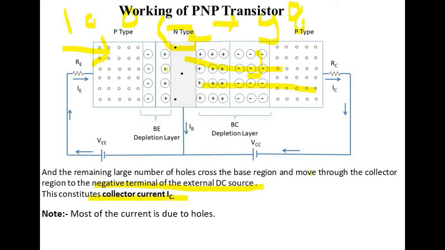This is an example only: 98 holes will reach the collector, and because the battery terminal is negative, these holes will move toward the negative terminal of the battery, and we will get the collector current IC. Have you noticed that most of the current is due to holes?